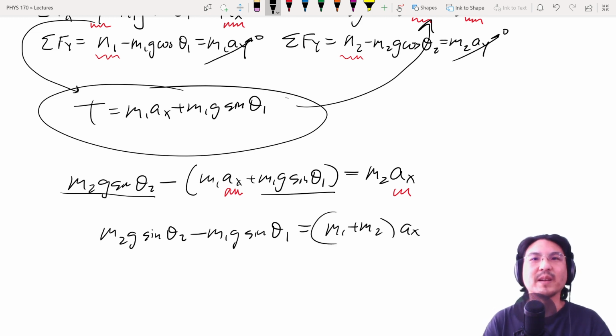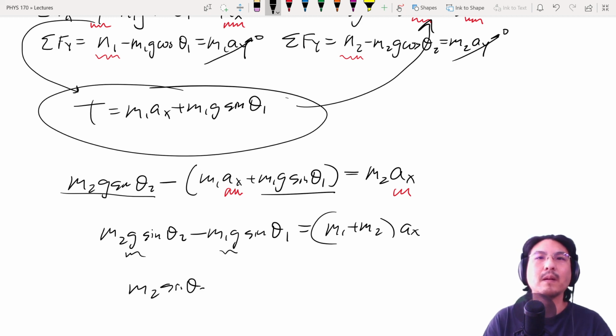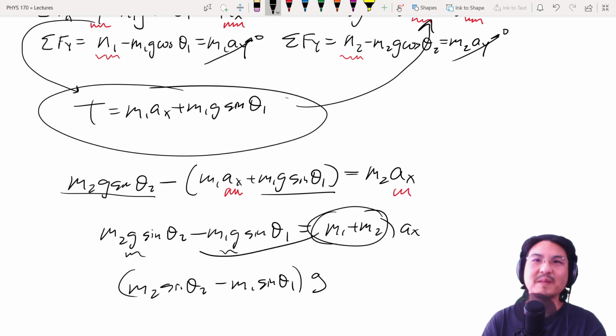Then I can factor out a g, and then I'll move this into the denominator here.